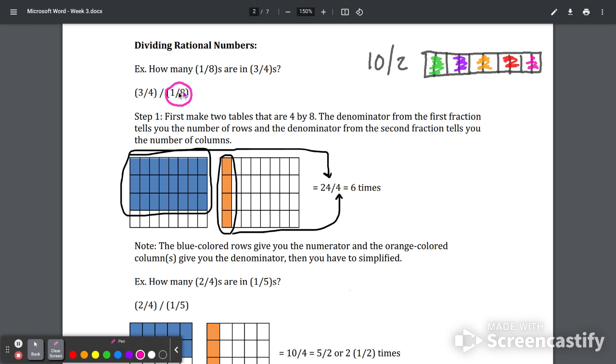I'm going to have a total of 32 possible squares for my model. And so I can see that for the first model, total of 32, this would be 3/4, because I've got 1, 2, 3 of the 4 shaded in out of 32. And on this one, I have 1 out of 1, 2, 3, 4, 5, 6, 7, 8. So a 1/8 representing out of the 32.